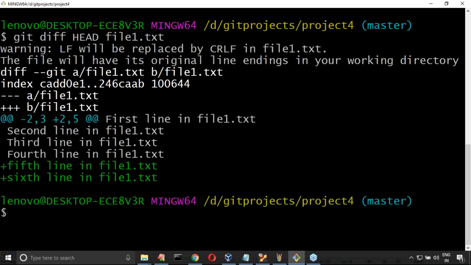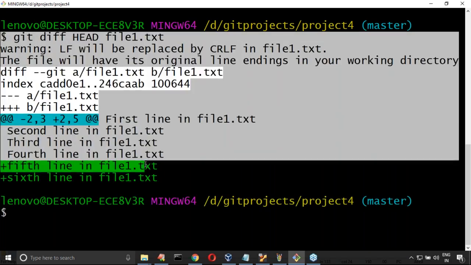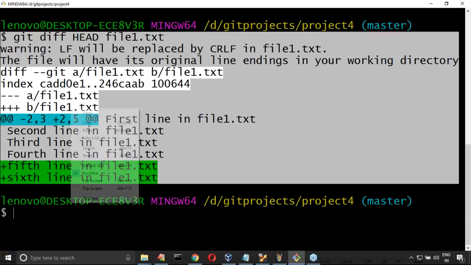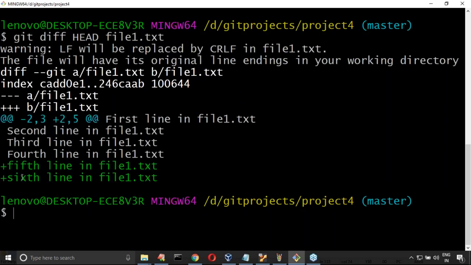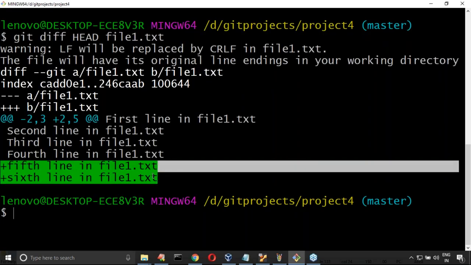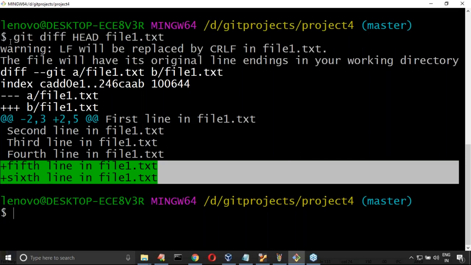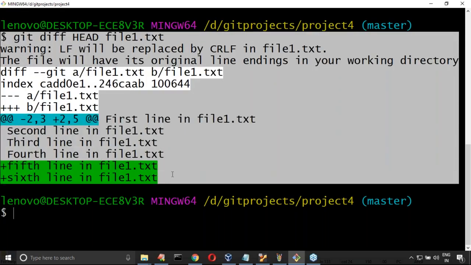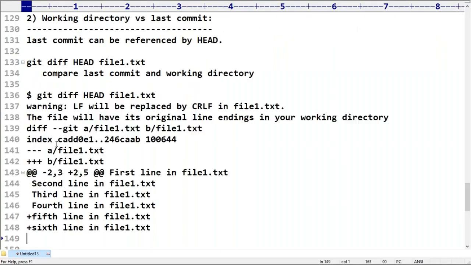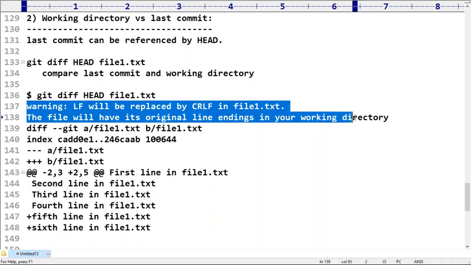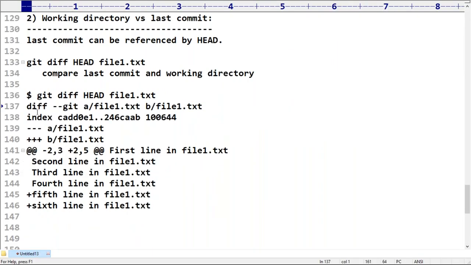Now observe, sir, how many lines extra were added in the destination version? Two lines extra added. Forget about this other output here.